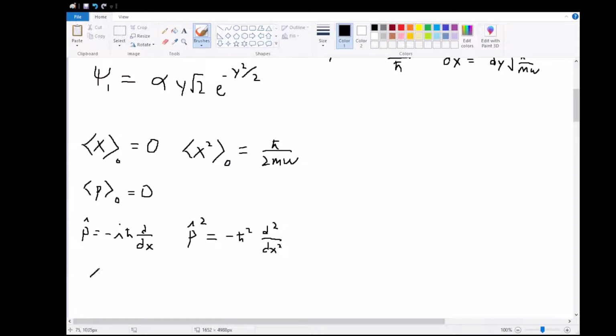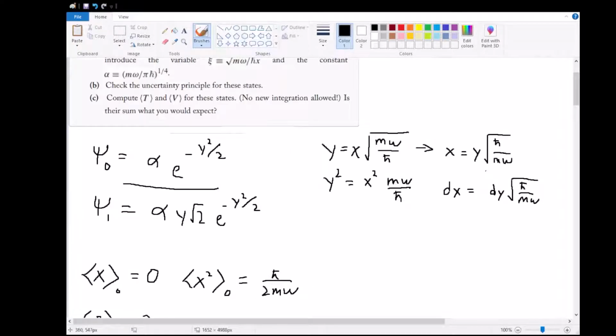Applying this, the expectation value of p squared in the psi naught state is equal to negative h bar squared times the integral from negative infinity to positive infinity of psi naught star, which is exactly equal to psi naught, so I'm just going to write this as psi naught, multiplied by d2 by dx squared of psi naught dx.